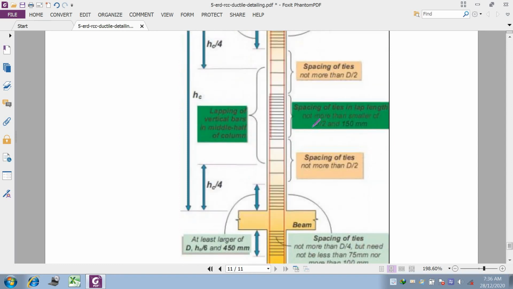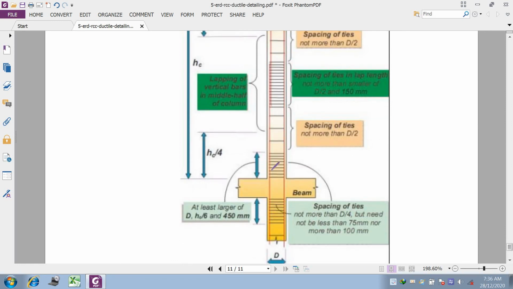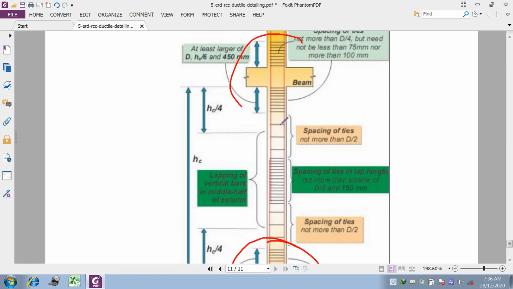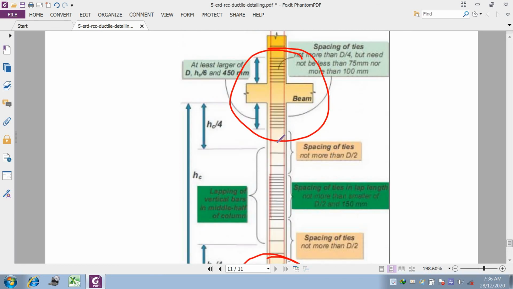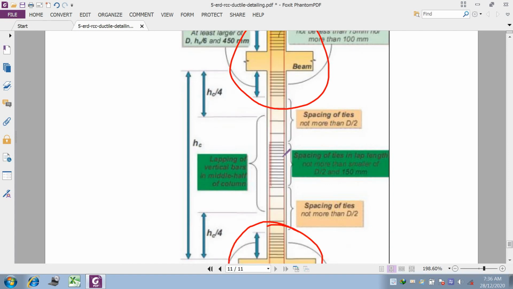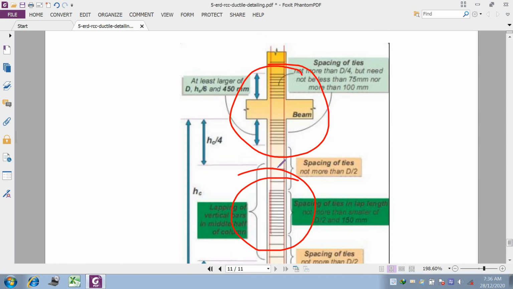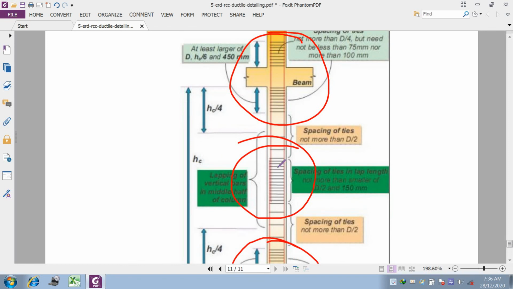One thing you should also notice is that at the junction of the support the lateral ties are very closely spaced, and at the center also they are closely spaced. It means that the earthquake forces are very predominant in the zone of the joint and at the center also. Therefore, confining reinforcement is provided at the joint as well as at the center. So this point should be considered while providing the detailing in the reinforcement.